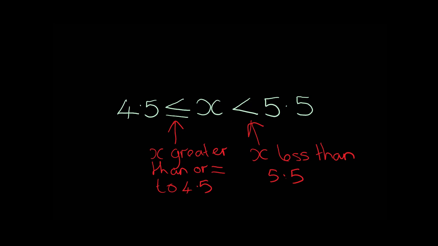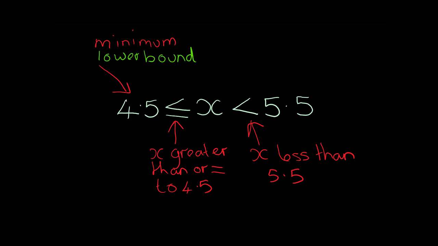Okay, so in terms of what this means in terms of the error interval. So this number here, the 4.5, is the minimum value that the number could have been before it was rounded. Sometimes this is also referred to as the lower bound, so you need to be familiar with both terms.